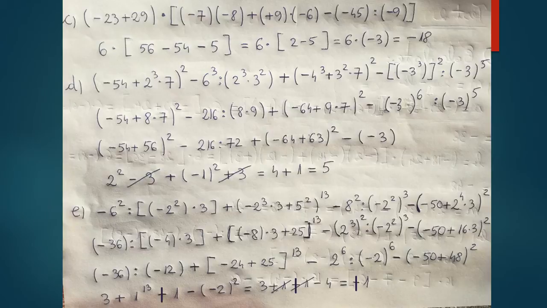Also notice that minus 2 to the power of 2, everything to the power of 3, is equal to minus 2 to the power of 6 because we multiplied the exponents. By doing the calculations, we obtain a result of minus 1.